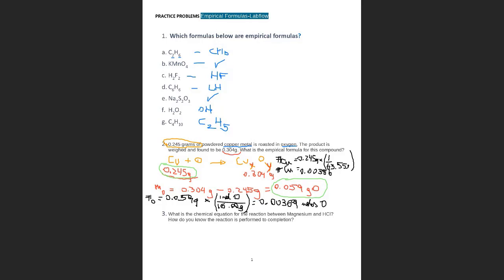When you look in the periodic table, look at the copper. What is the atomic weight of the copper? I see 63.546. Yes, awesome. So all you have to do is divide 0.245 grams by that number. What did you obtain?